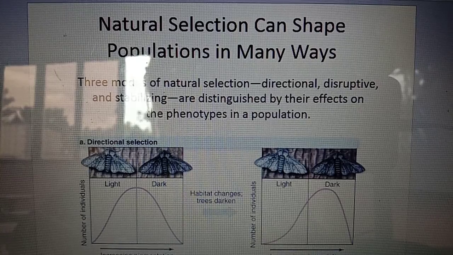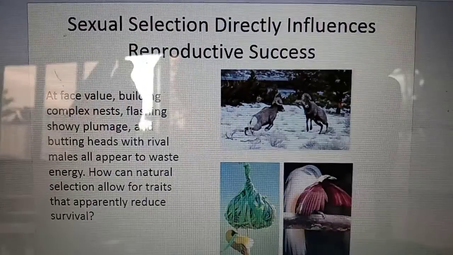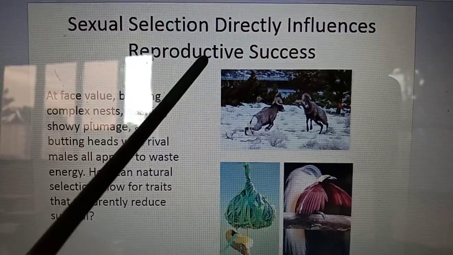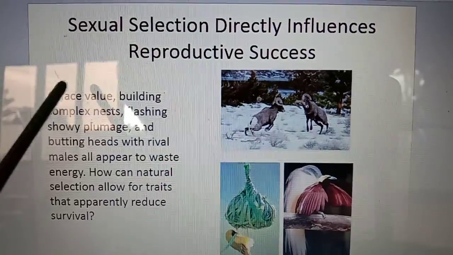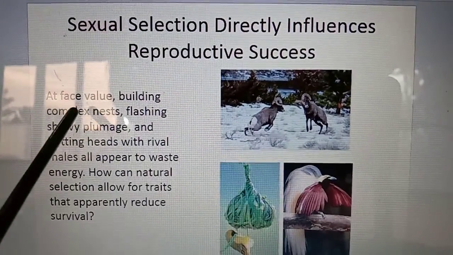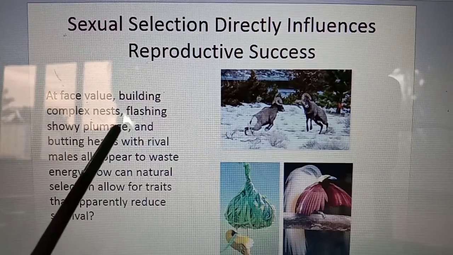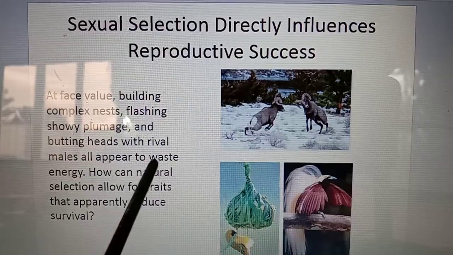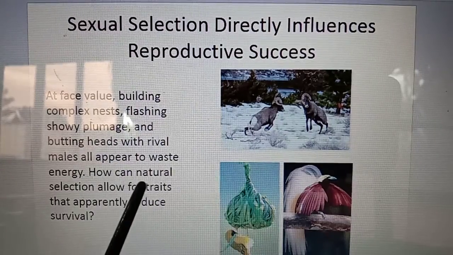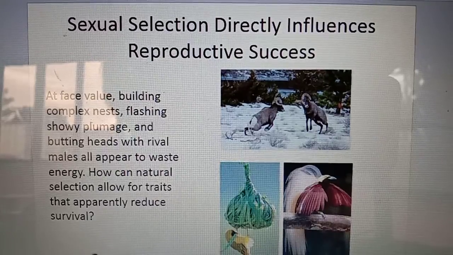We will see another one. Sexual selection directly influences reproductive success. At face value, building complex nests, flashing showy plumage, and butting heads with rival males all appear to waste energy. How can natural selection allow for traits that apparently reduce survival?